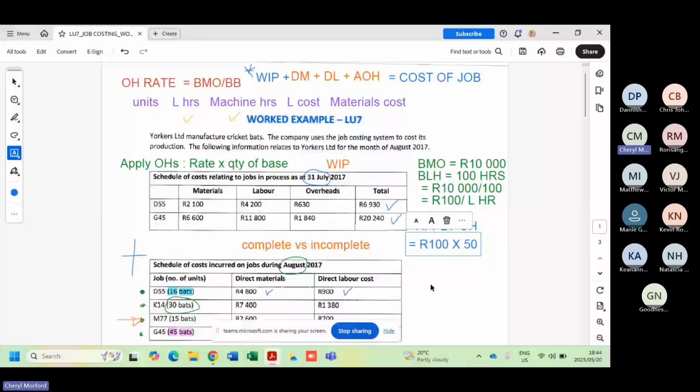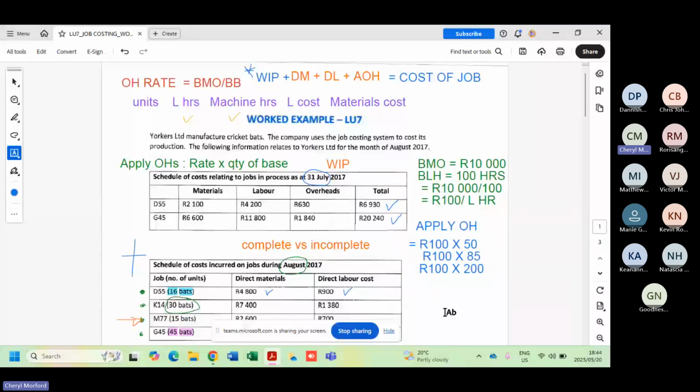Let's say one of the other jobs had 85 labor hours. And let's say there was another job, and that one had 200 hours. That's all we would do.